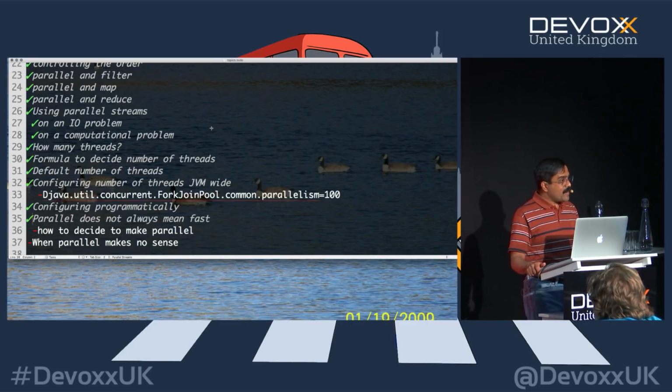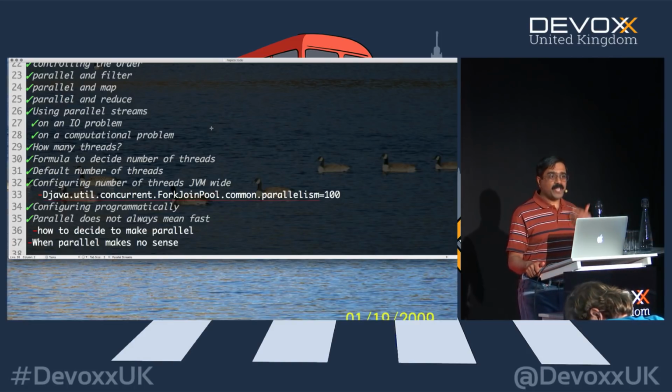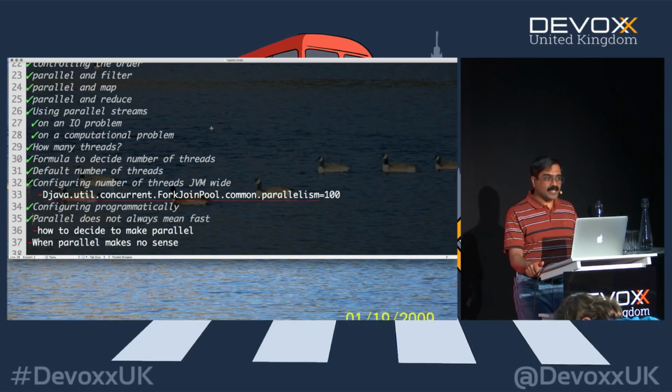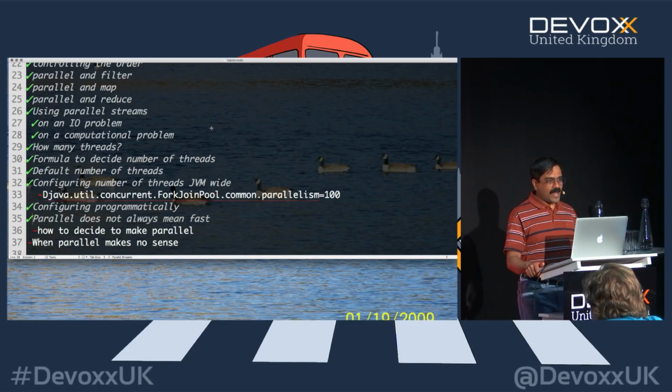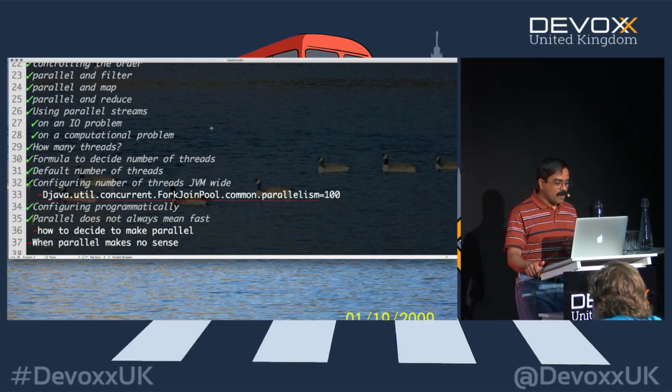The other question to ask is, how much time does your task take? If your tasks are very fast executing, you're not going to get performance out of parallel, because you may really waste more resources creating threads than getting the work done. On the other hand, if they are time consuming, maybe you'll get performance out of it.